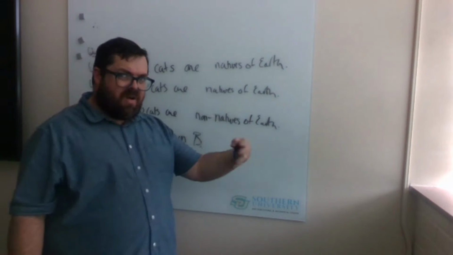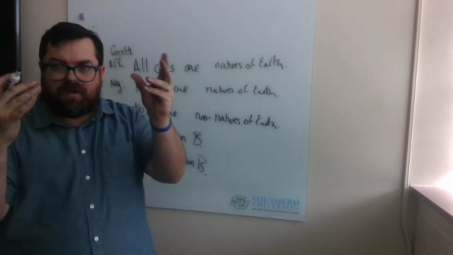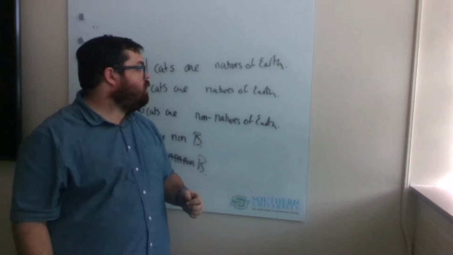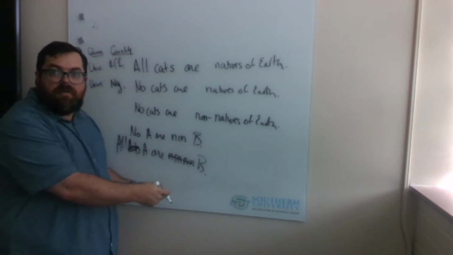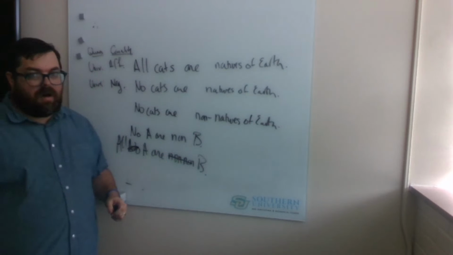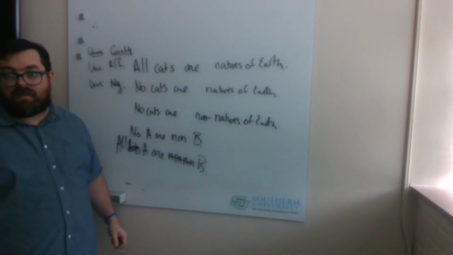But again, if you get two nons, they cancel each other out, and you could just keep the statement letter there. Later on in the homeworks, they won't actually use words. They're just going to use A and B or different letters to stand in for the subject or predicate term, like a variable. And again, if you go backwards and you have two nons, they cancel each other out.